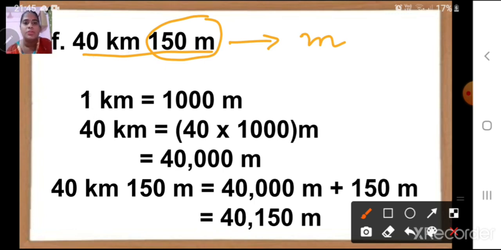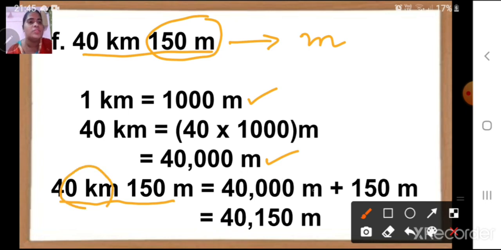Okay. So 1 kilometer is equal to 1000 meter. So 40 kilometers will be 40 multiplied by 1000 meter, which is equal to 40,000 meter. Okay. This is part 1. Then we will write the question and then we are going to replace this 40 kilometers into meter that we have got.